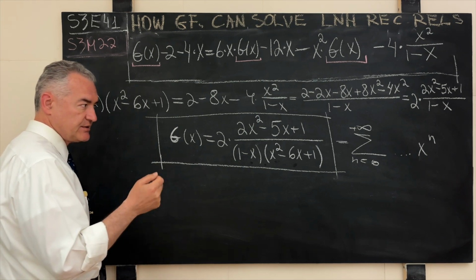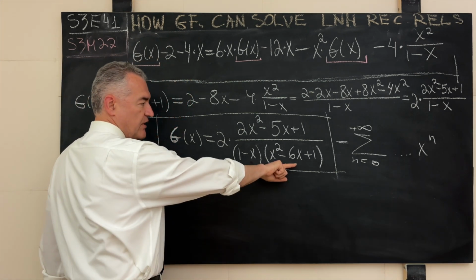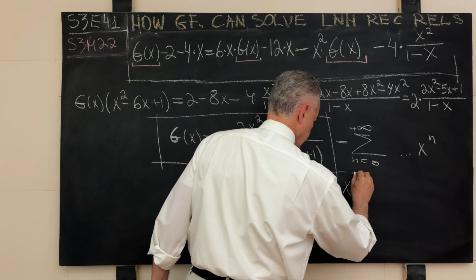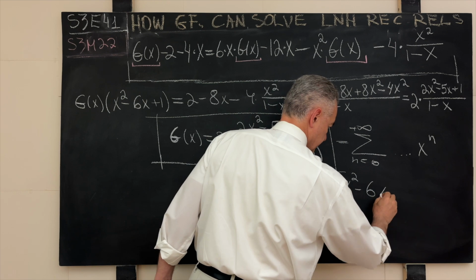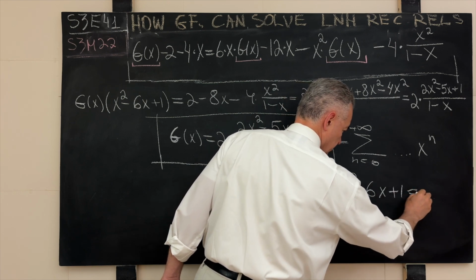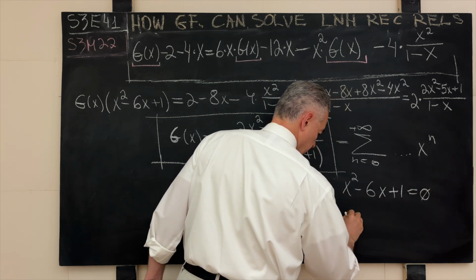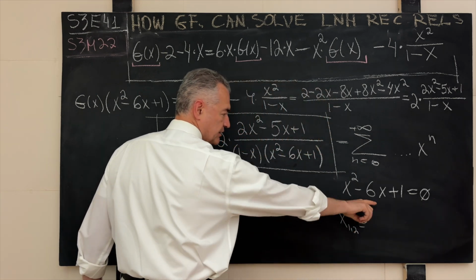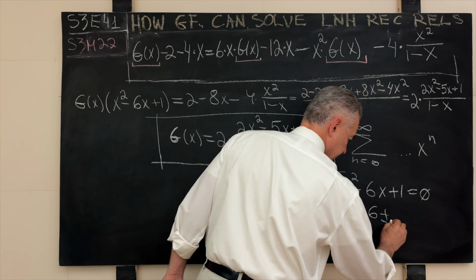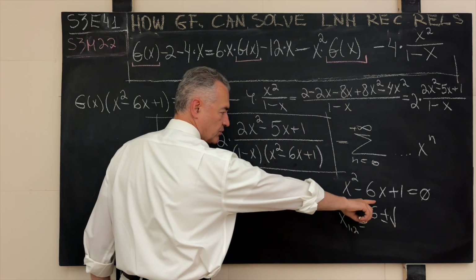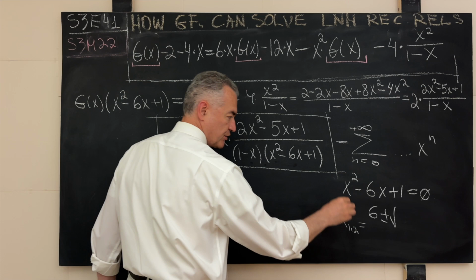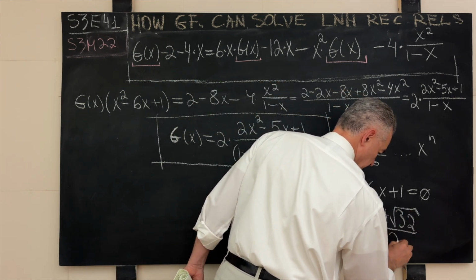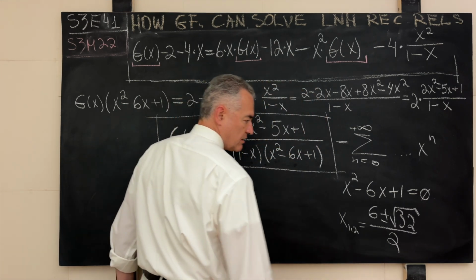But in this case, we can actually factor this quadratic further, and the way we do it is as follows: by solving the quadratic equation x squared minus 6x plus 1 equal to 0. Recalling our favorite formula from middle school, we have minus b, so 6 plus minus the square root of b squared, 36 minus 4, 32, divided by 2, and there you go.